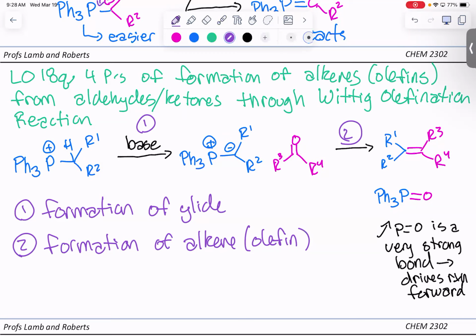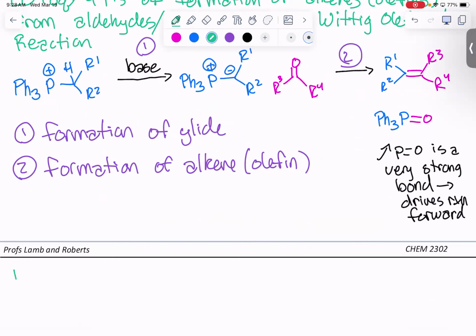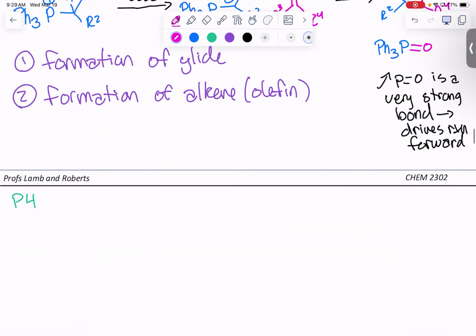So let's take a look at the mechanism, keeping in mind, even though these reagents may look unfamiliar to us, if we understand the fundamentals of how nucleophiles and electrophiles interact, this mechanism actually doesn't have to be so scary. All right, so let's take our aldehyde or a ketone.